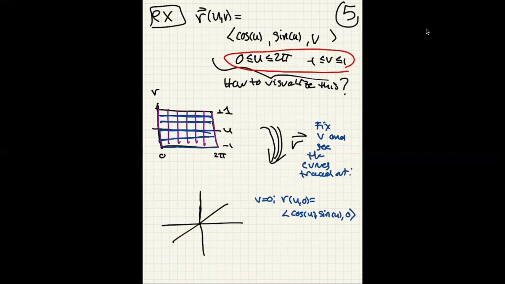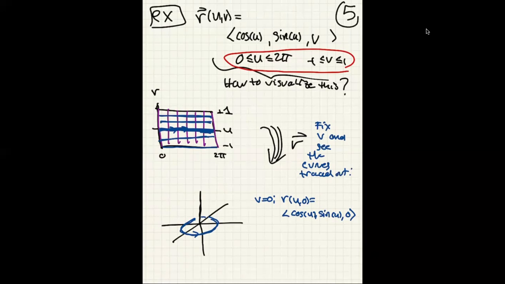It gives us a circle of radius 1 centered on the z-axis at height 0. So R takes this highlighted curve in the UV plane to this circle.